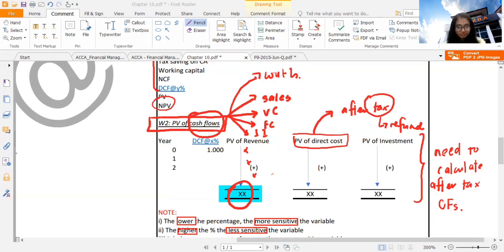Now, sometimes when you calculate the sensitivity analysis, you may have to look into certain variables where there may be no control that any manager can place.